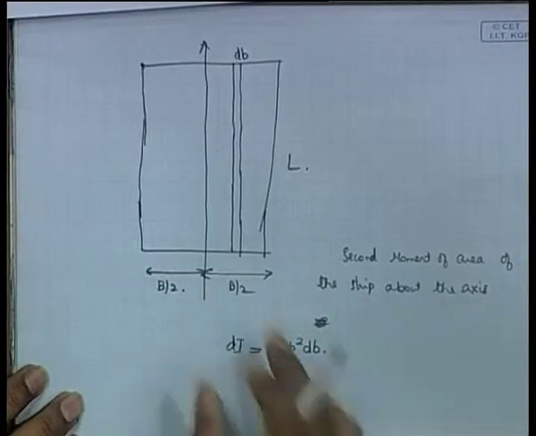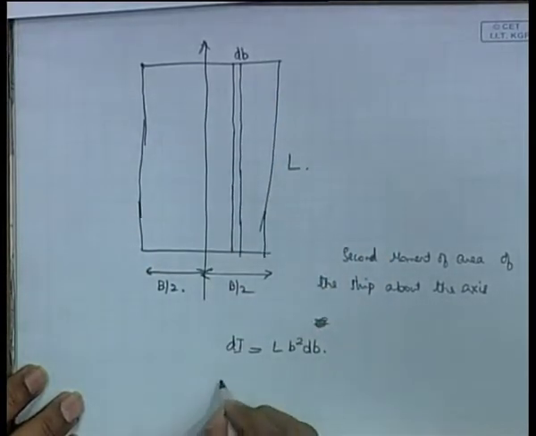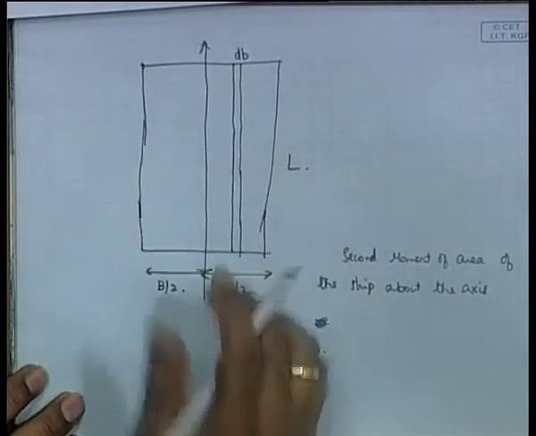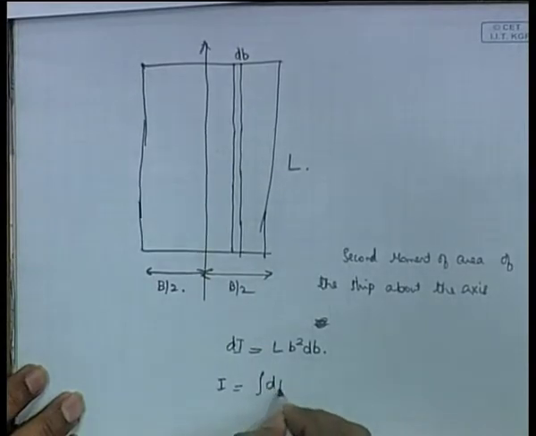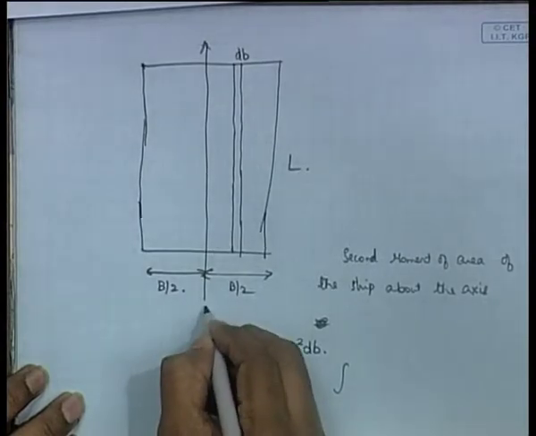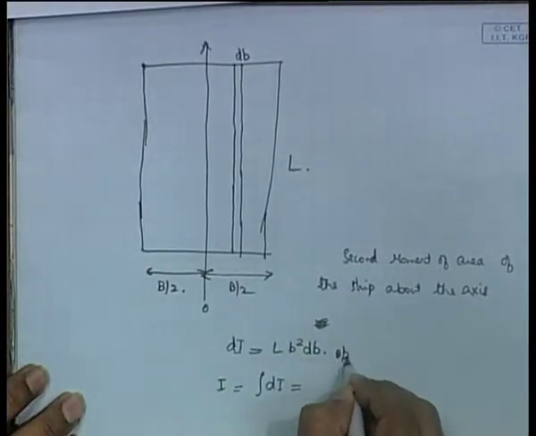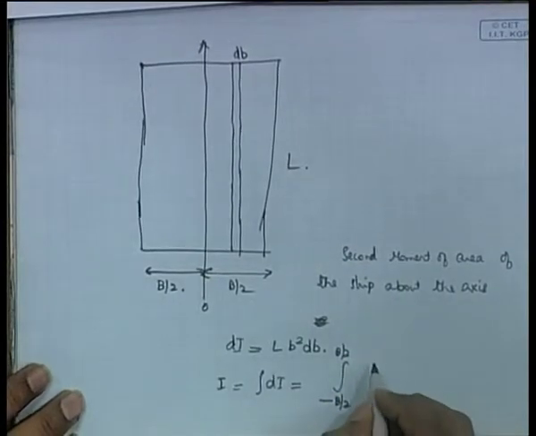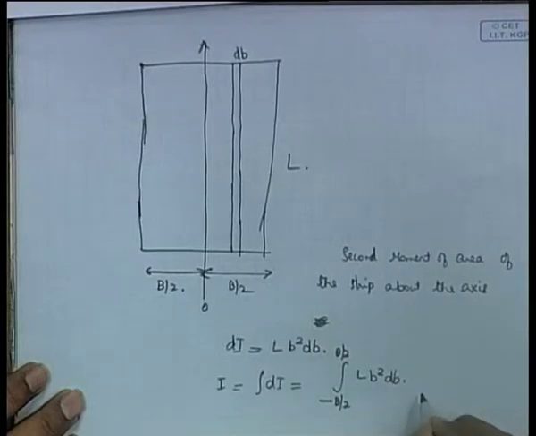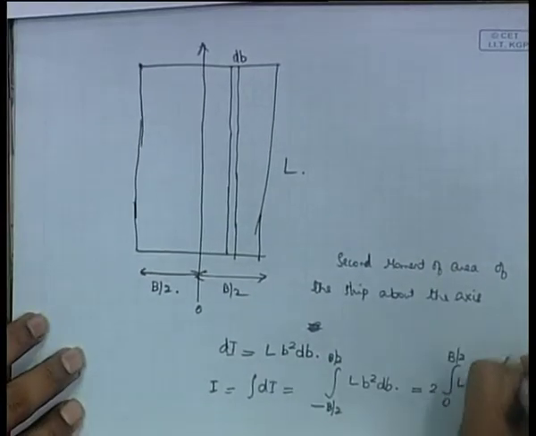Now this is the I of one small region. If you want to find the total I of this entire body, it will be given by, let's call this 0. Okay, I'll continue here.